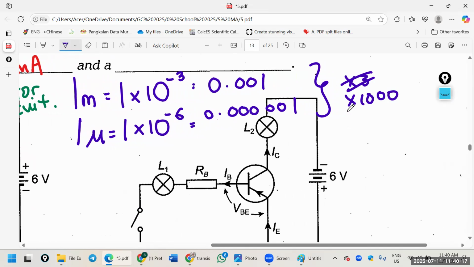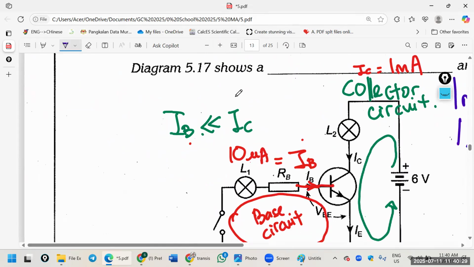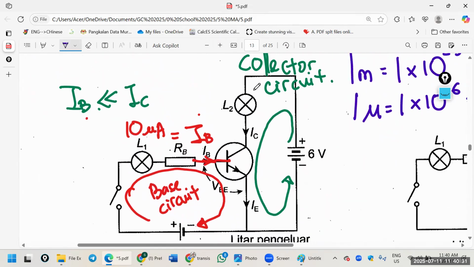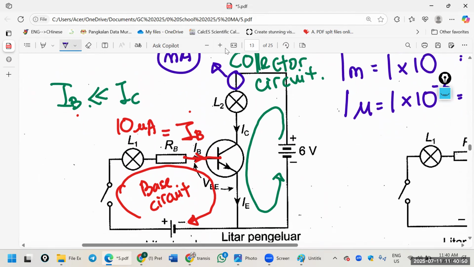Okay, normally we will put an ammeter at the collector circuit. But it is not just an ammeter. The current here is too small, so we normally say it is a micro ammeter.